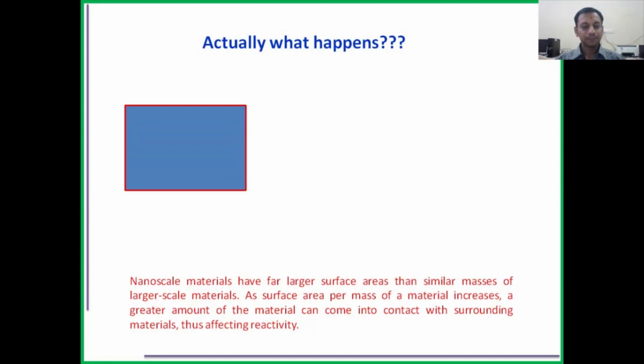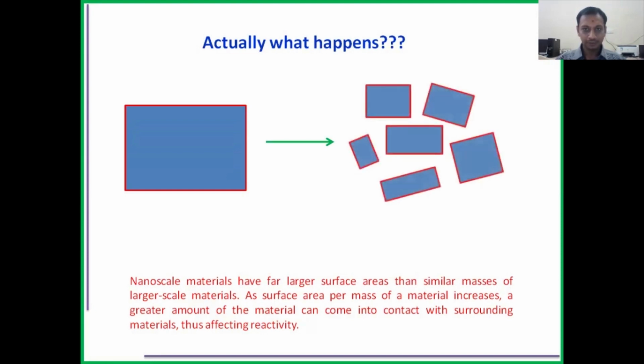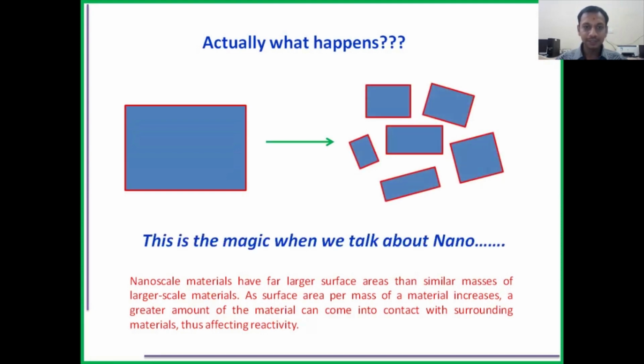Here you can see these are the particles, and this is the magic when we talk about the nano. Say a big particle is there. You can consider it in a bulk form, bulk size. You can convert this bulk into micrometer size and then micrometer to nanometer. So what is actually happening? You can see the red border.